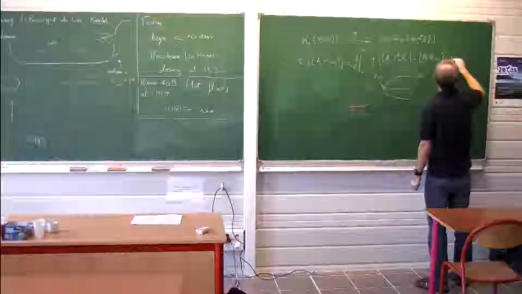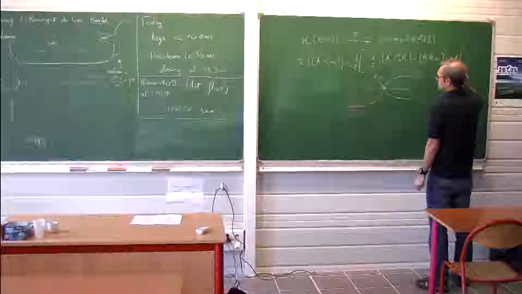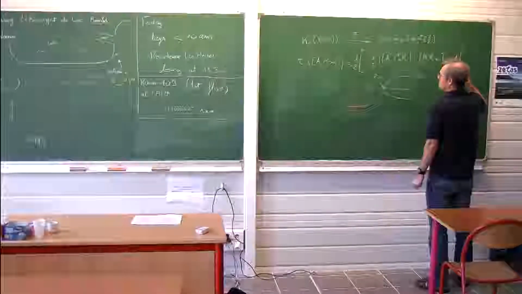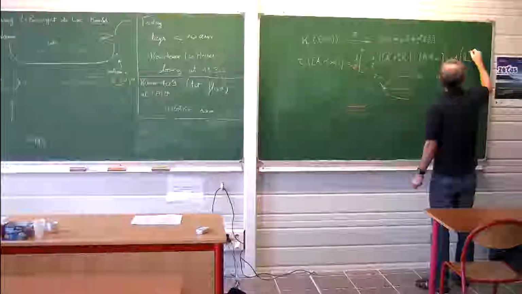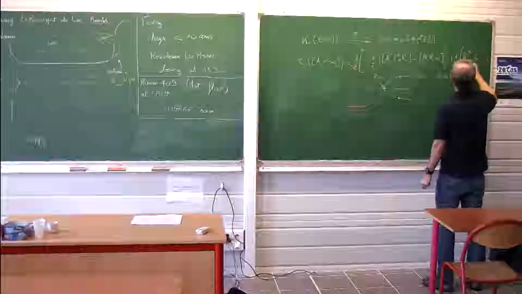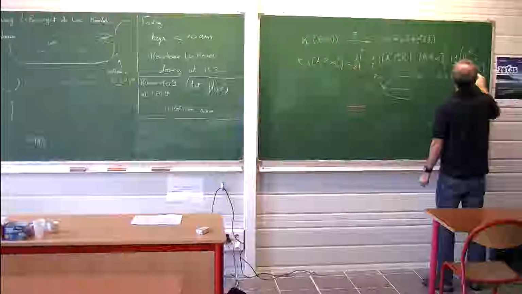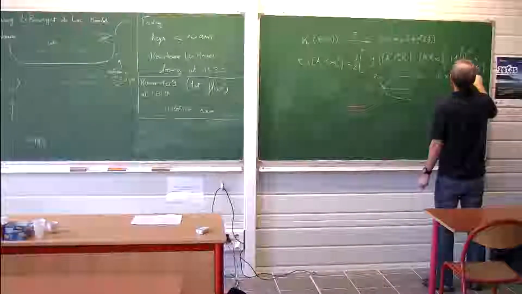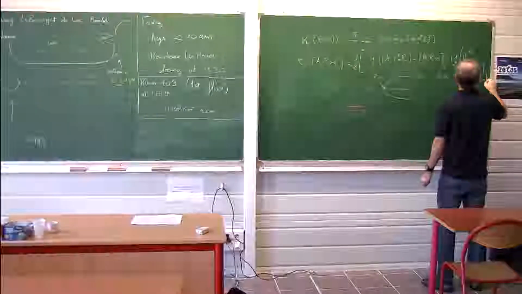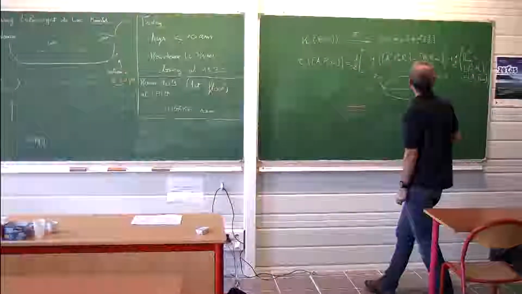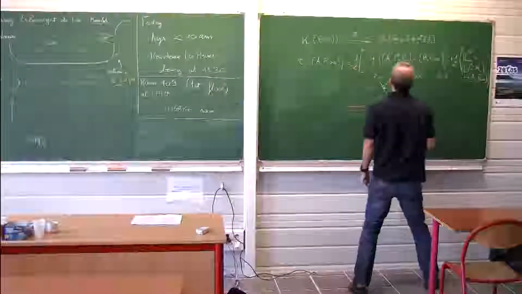So here I take the complement in the total space. So minus y square plus the branch locus. Parentheses.